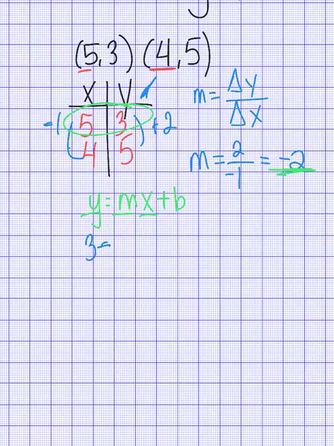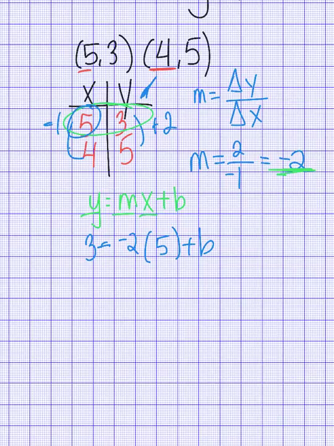Instead of x, I'm going to use this x coordinate here of 5. So I'm going to have negative 2 times 5 plus b. So the negative 2 is your slope m, and x is 5 for the x coordinate, and y is 3 for the y coordinate.